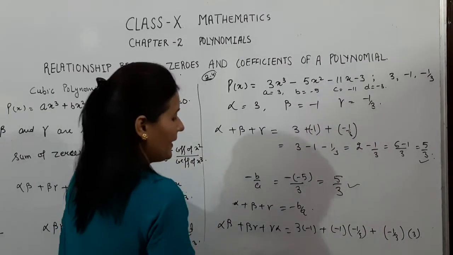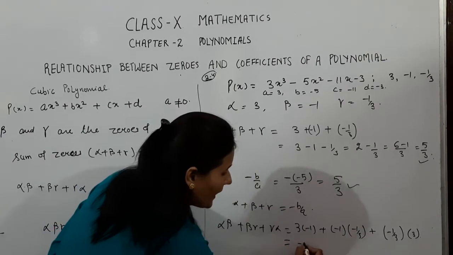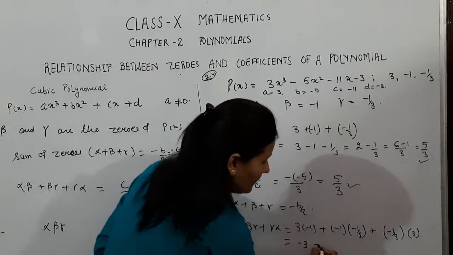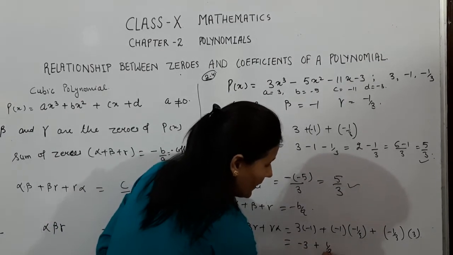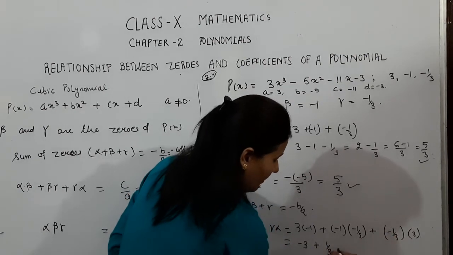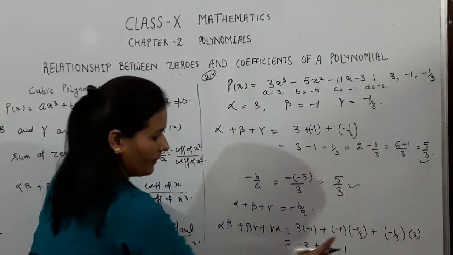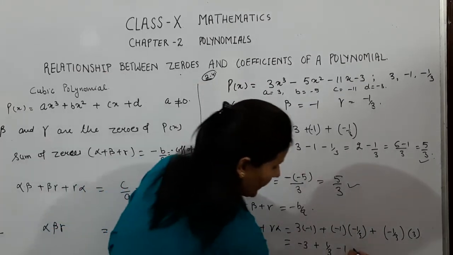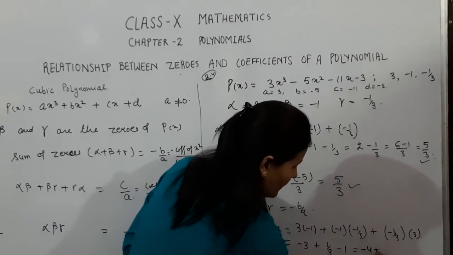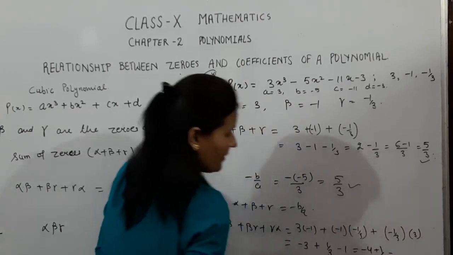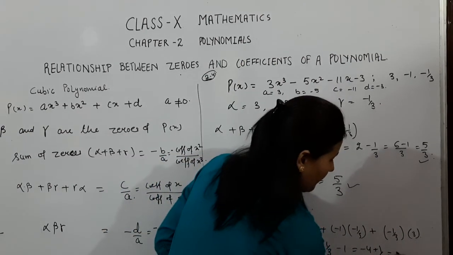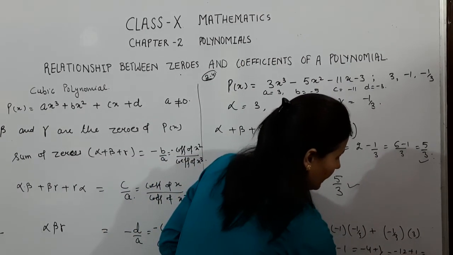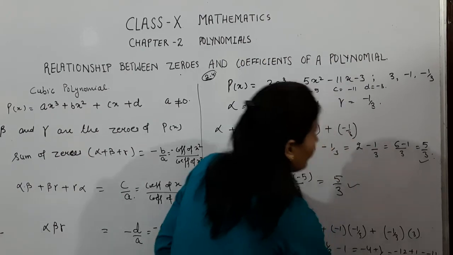This will be minus 3 plus 1 upon 3, and minus 1. These two cancel out. So we get minus 4 plus 1 upon 3. LCM is 3, so minus 12 plus 1, minus 11 upon 3.